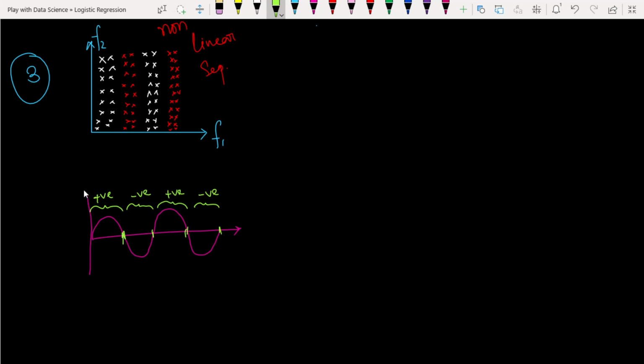This is the sine function, and here is x.